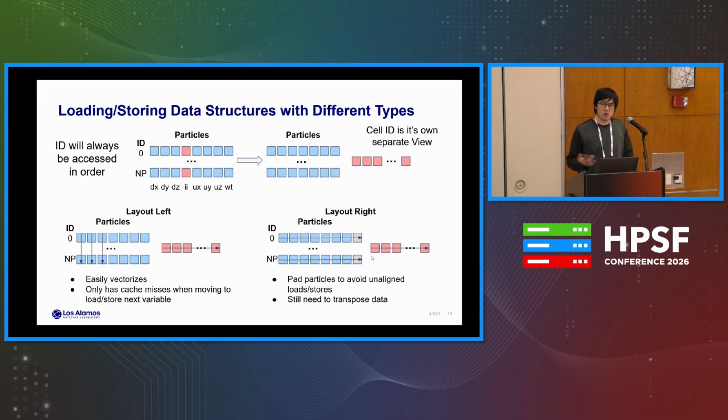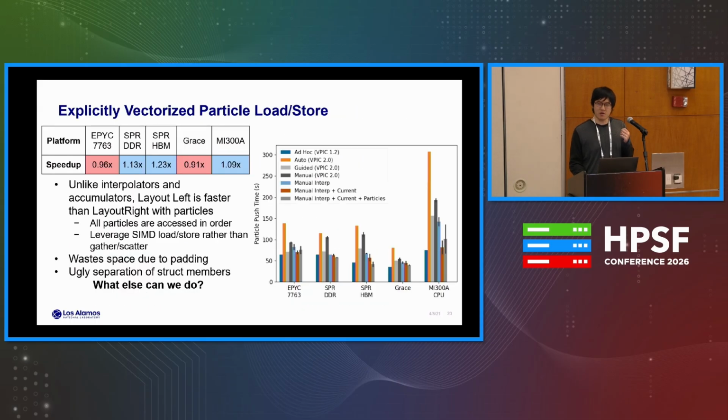Layout right also is fine. We can still use the register transpose. I just don't like having separate views for different data types. And we get very good performance. So we are at parity, and in some cases, a significant improvement over the older code, partially because the older code just doesn't outright support AVX 512 properly.